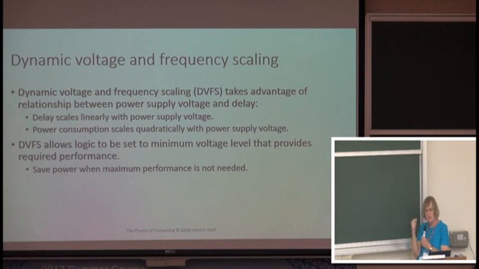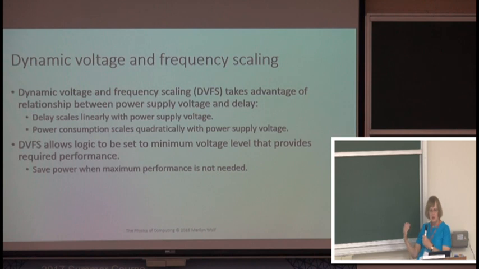And from there we can determine what power supply voltage we need in order to hit that delay level. The other way to look at it is, if we have a maximum power consumption we can tolerate, and we saw that thermal says there may in fact be just an upper limit on the amount of power we can burn, from there we can say, well, that means we're going to run this fast.